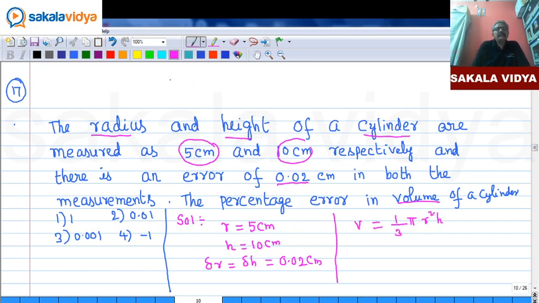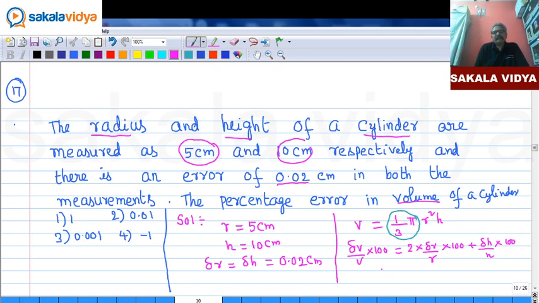Here, remember 1 by 3 pi is constant, that is why I apply the shortcut formula. Delta V by V into 100 is equal to, what is the dimension of r? 2. So 2 times delta r by r into 100, plus h dimension is 1, so delta h by h into 100.